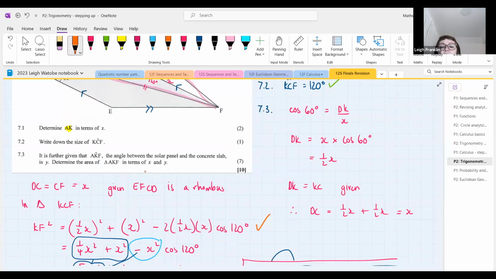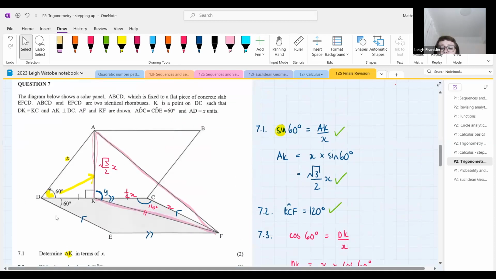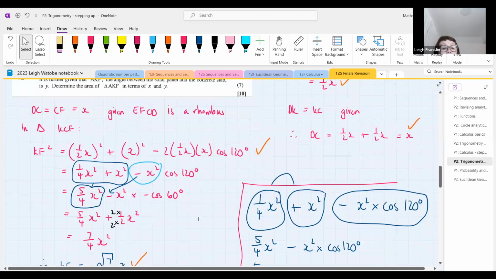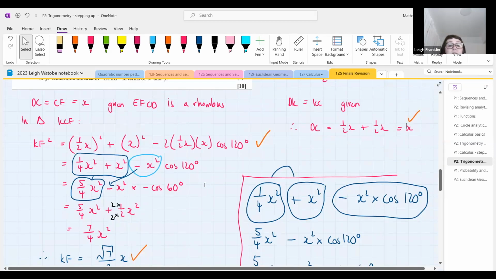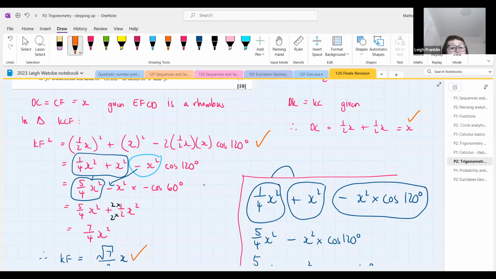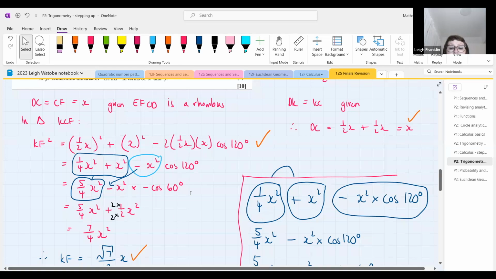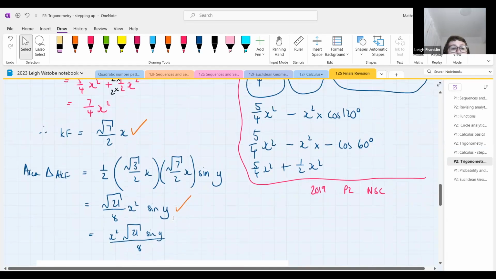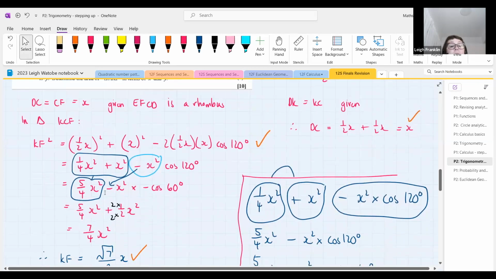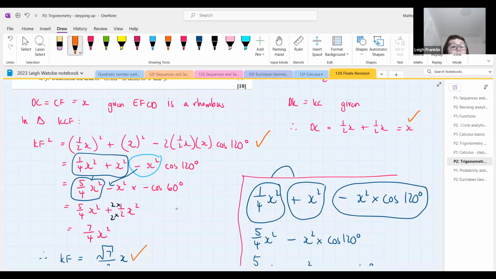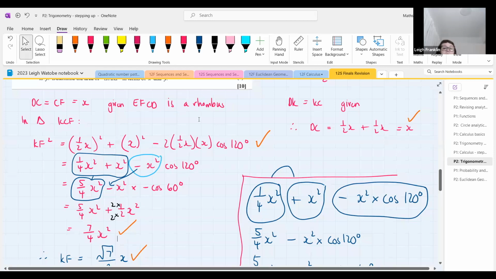I would also say that getting DK and DC are instrumental in answering this question. So 1, 2, 3, 4, 5. So another 2 marks. Probably a mark for subbing into the area rule. And possibly a mark here on getting that 7/4 x squared as well.